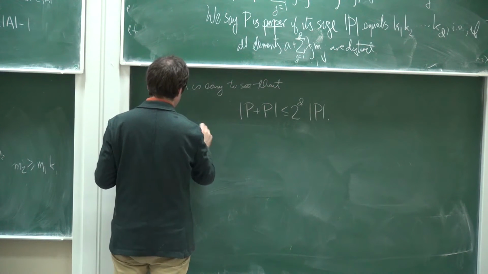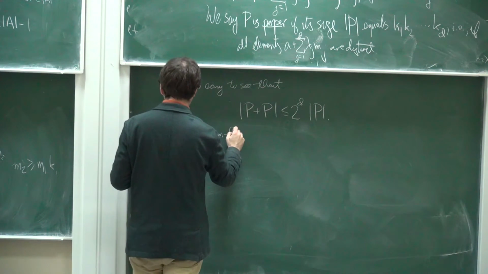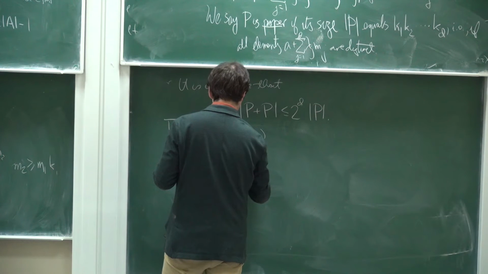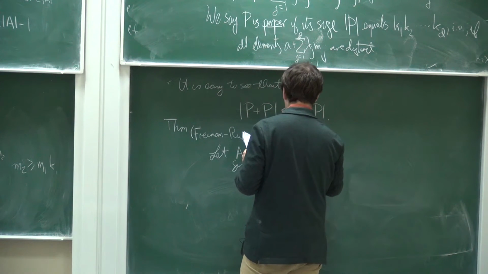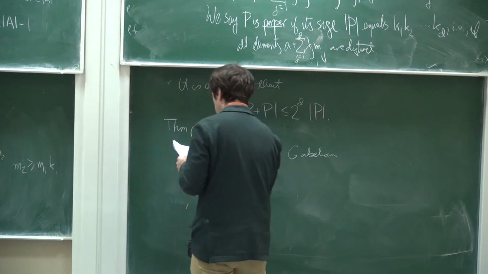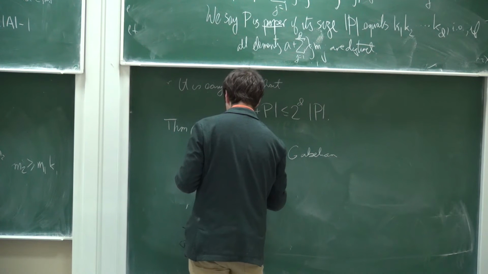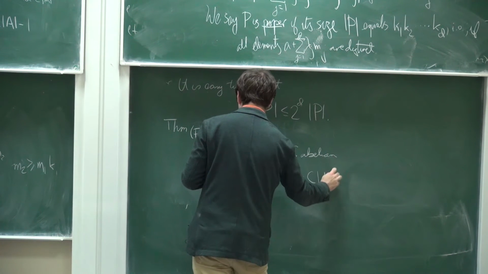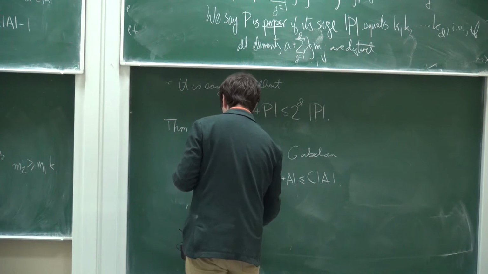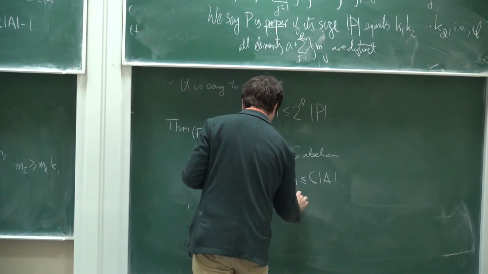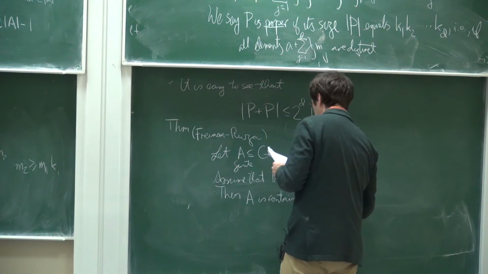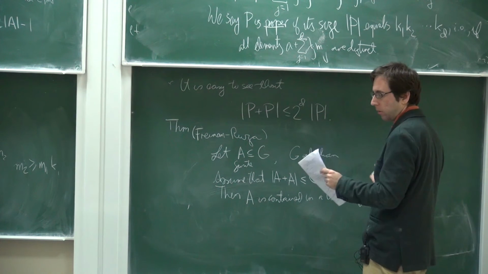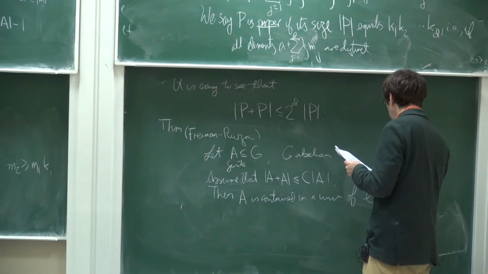So the theorem that we will start to prove now, and whose proof will continue until next time: let A be finite, G abelian. Assume that A plus A is at most C times A. Then A is contained in a union of, well, there are several parameters here, but I will just state it with one parameter, at most e^{O(...)}.